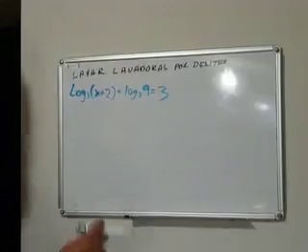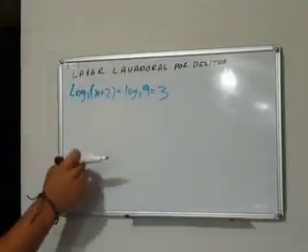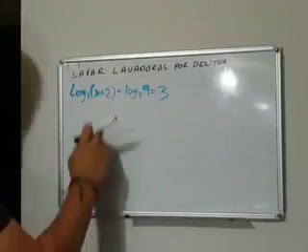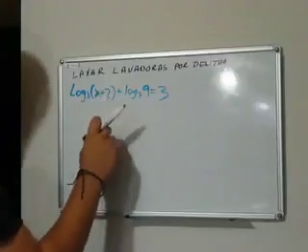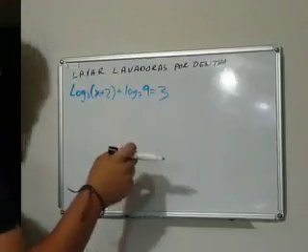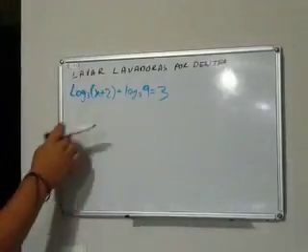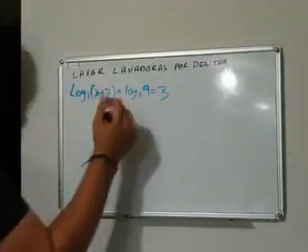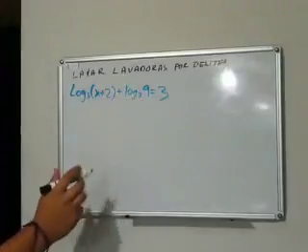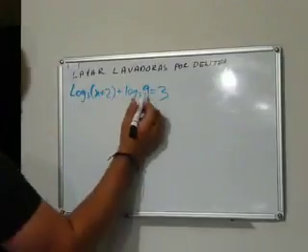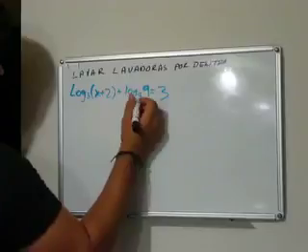In this equation, we are solving for x. I'm going to read the equation: log base 3 of (x plus 2), plus log base 3 of 9, equals 3. If we analyze the problem, we can see right away that log base 3 of 9 can be simplified, because 3 to the power of 2 is 9. So we know right away that it's 2.